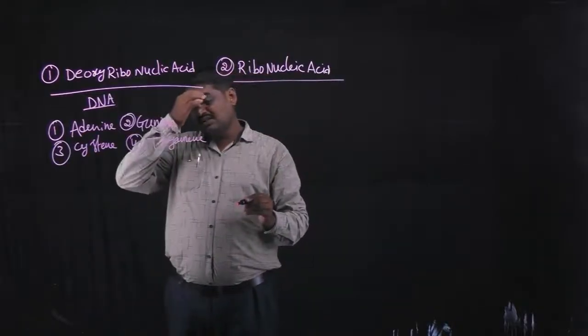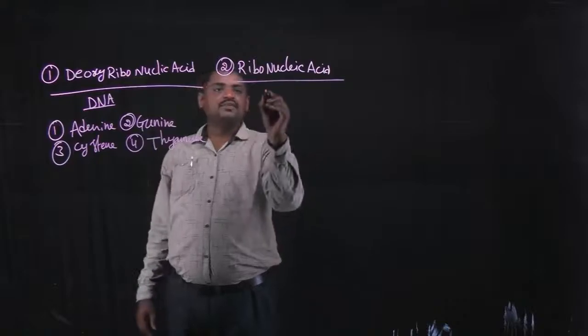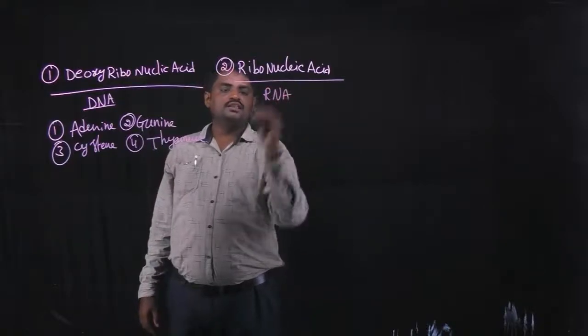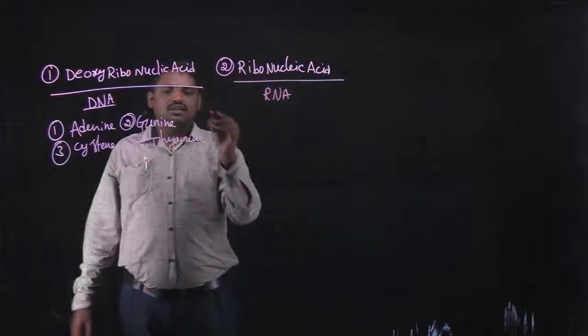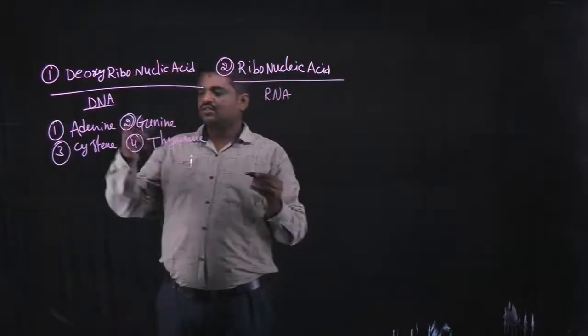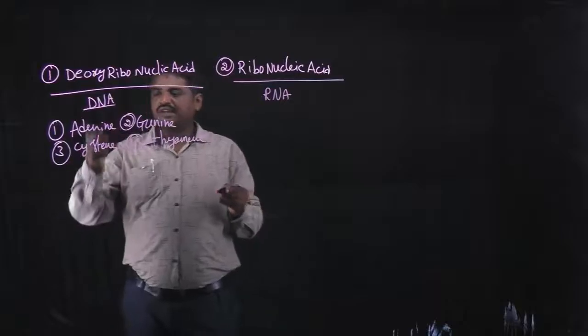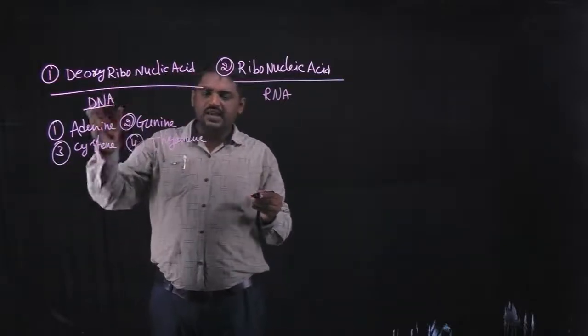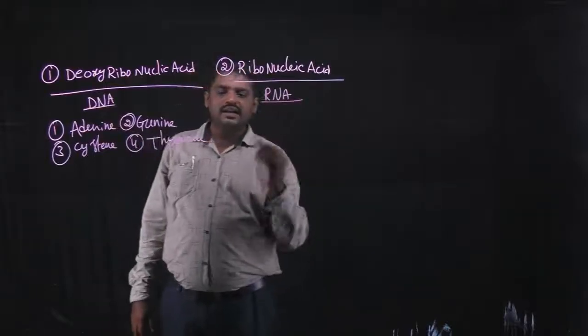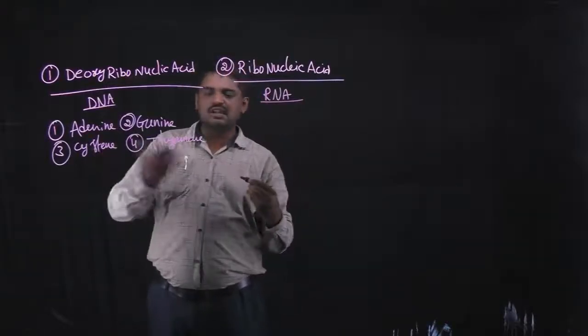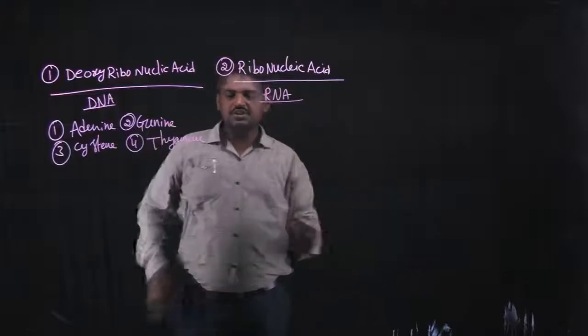And the second one is RNA, ribonucleic acid. This nucleic acid also contains four bases. Three bases are common to the first nucleic acid DNA and the second nucleic acid RNA. So RNA contains four bases: three bases are common, and the fourth base is uracil.